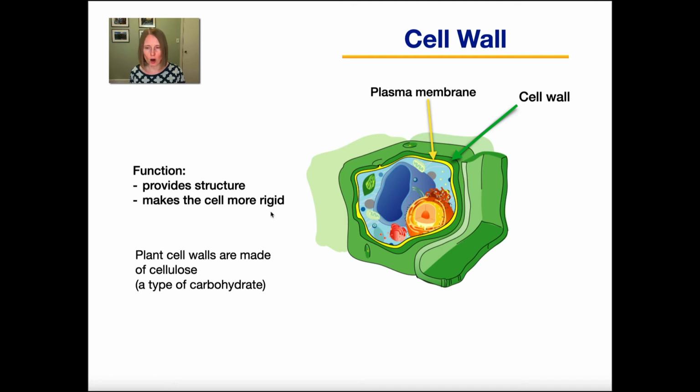Plants have cell walls, and their cell walls are made up of a type of carbohydrate called cellulose, whose structure does give them that rigidity. That's how, for example, trees can grow to a really tall height and not fall over. They don't have a skeleton like you do, but they have this rigid cell wall. So animals do not have cell walls, but fungi do, and some single-celled eukaryotes also have cell walls.